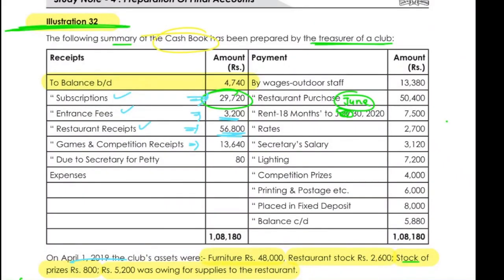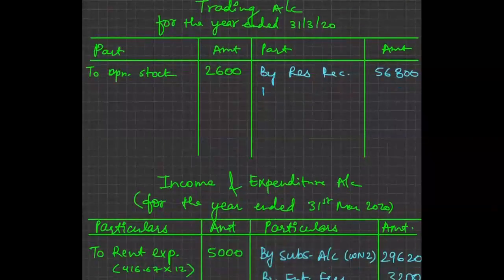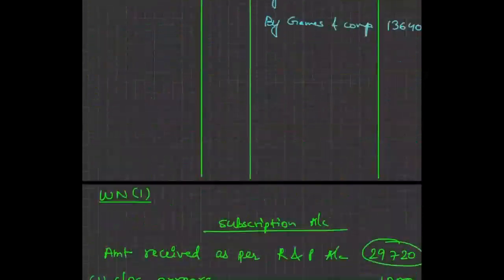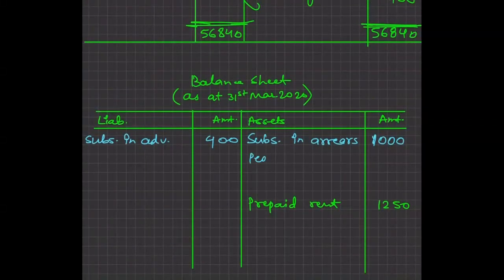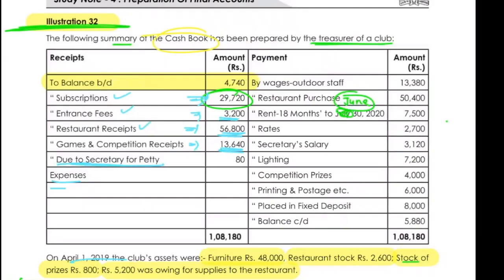Moving on, we have due to secretary for petty expenses. So this is an advance which is given to the secretary for the petty expenses. This can be said to be an asset for you. So in your closing balance sheet, you can write it as petty expenses, rupees 80.